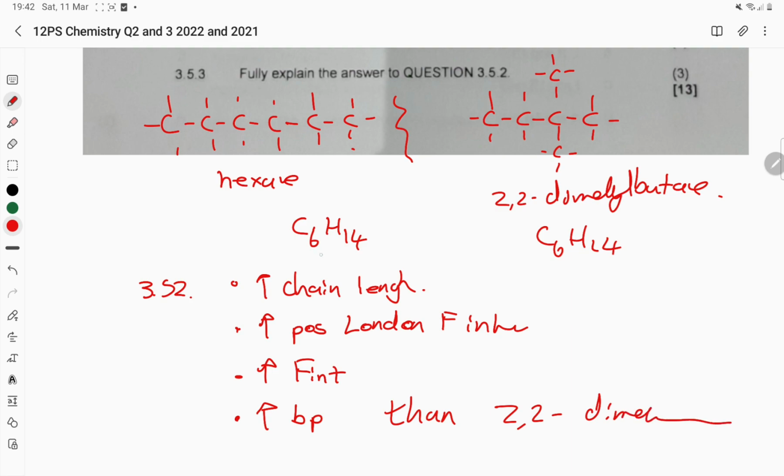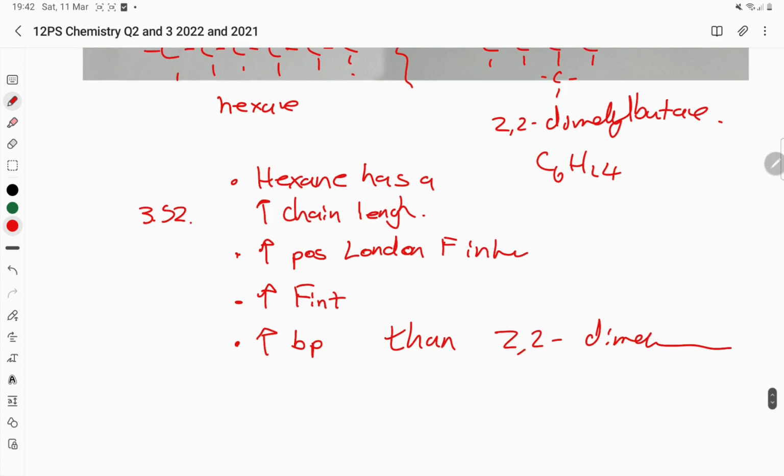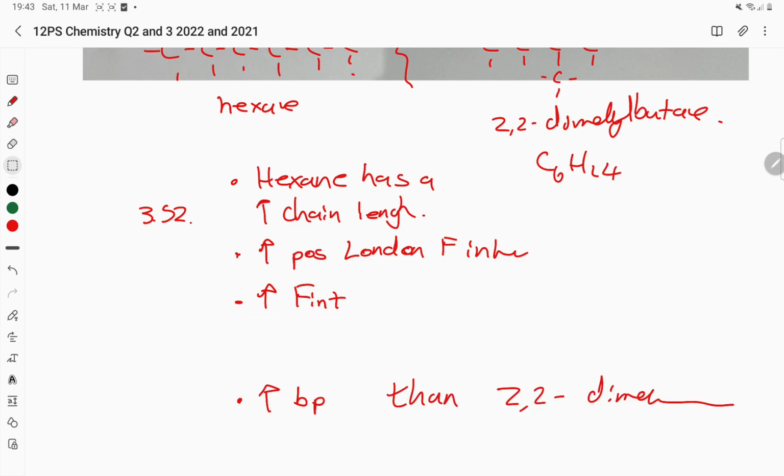It'd be nice to include "than 2,2-dimethylbutane." Okay, so for 3.5.2, maybe start here with: hexane has a longer chain length. Therefore this, therefore that, and boom, full marks. Actually, not full marks, because I forgot to put in that high intermolecular forces result in more energy required to overcome those intermolecular forces.